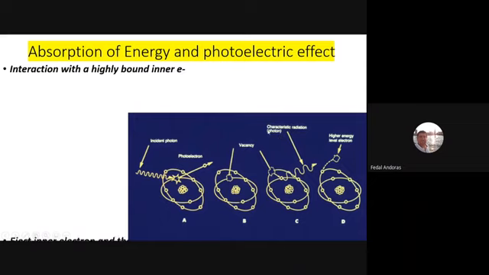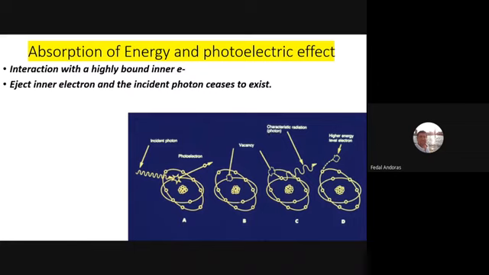So, as I said, it ejects the inner electron and the incident photon ceases to exist. Now, this is very important. We have X-ray, the X-ray hitting the body. We have a beam. Beam means a bundle. A beam of X-ray. The beam consists of many photons, 1,000 billion photons. So each photon, when it hits an atom and causes an inner electron to be ejected from its shell, at that time, this photon will cease to exist.